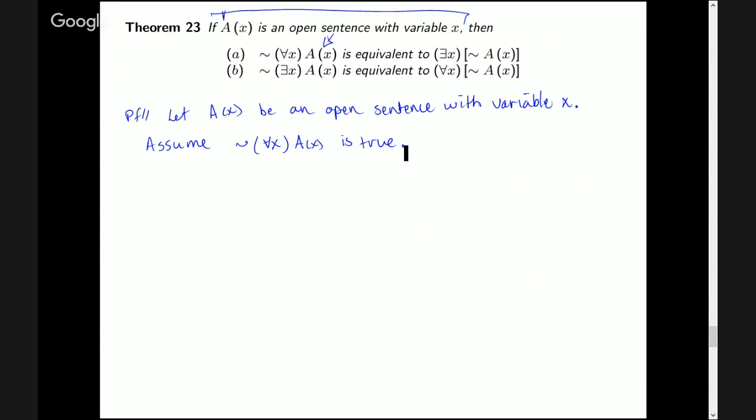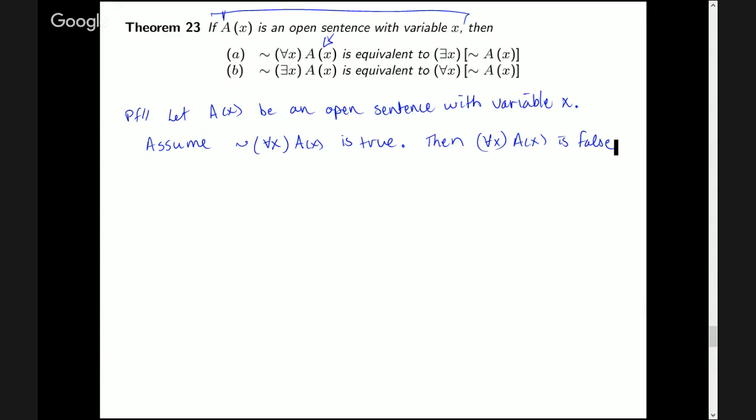Well, if not for all x, A of x is true, then that means that if you take away the negation, for all x, A of x has to be false, right? Do we all follow that? It's because of the tilde in front. The tilde says negate.